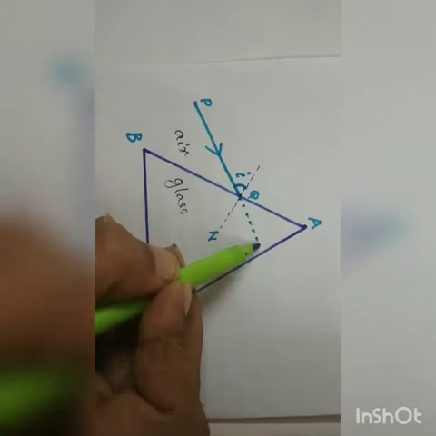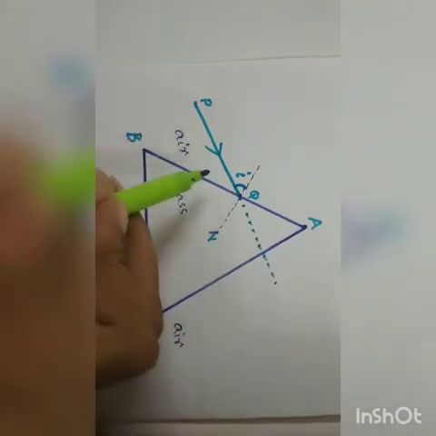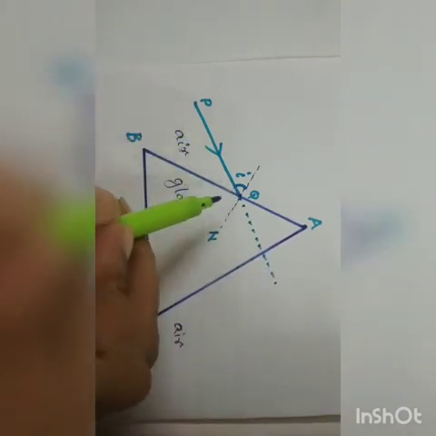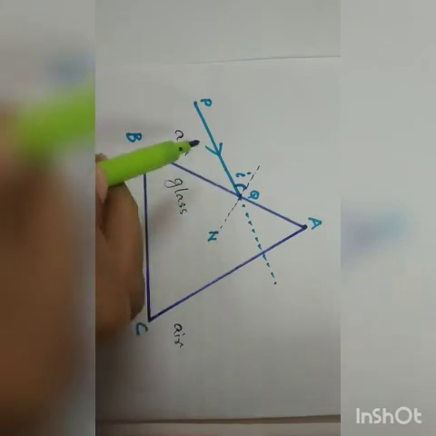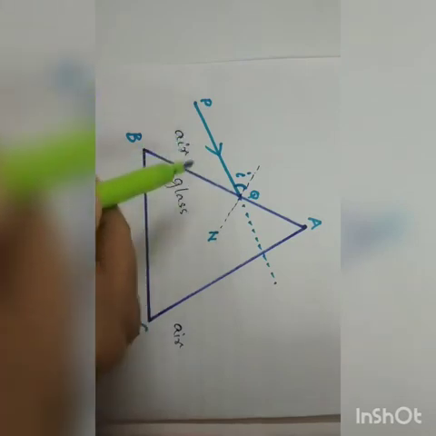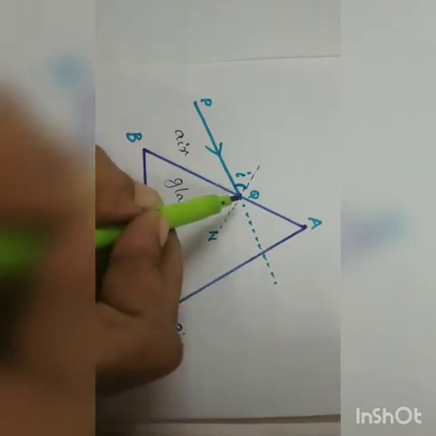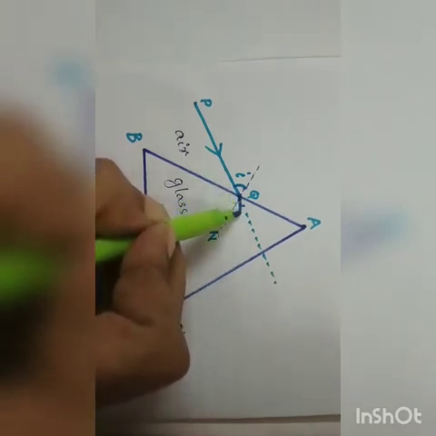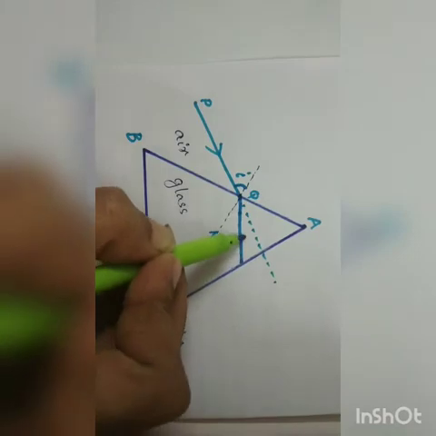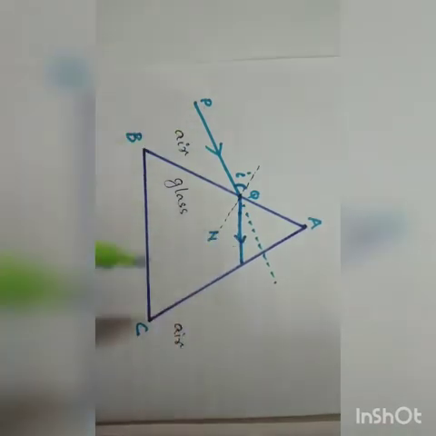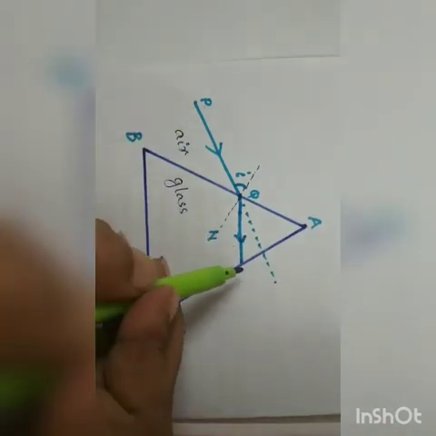What happens? It bends towards the normal. Moving from rarer to denser, it bends towards the normal. Instead of going like this, it bends like this and reaches the second phase AC. There again what happens?